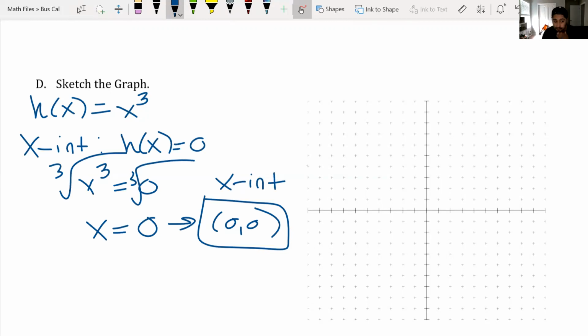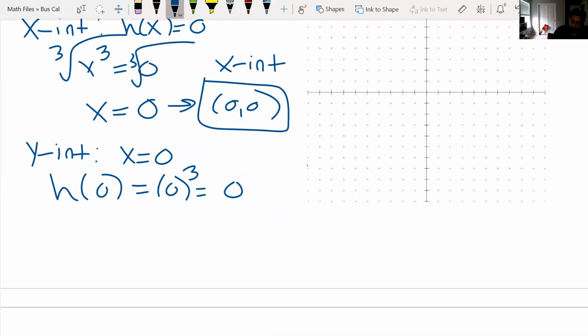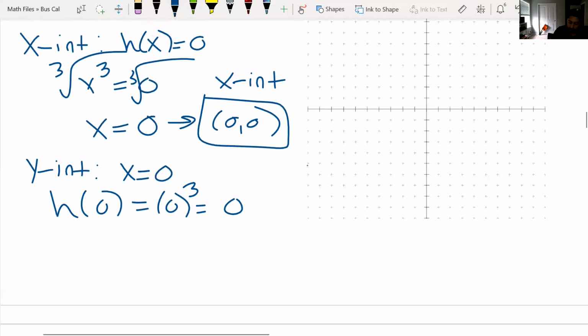Okay. And then if I wanted a y-intercept, I'm just going to show the process. The y-intercept is going to give me the exact same value, but I'm still going to go through this process. For the y-intercept, we let x equal 0, and this means I get h of 0, which gives me 0 cubed, which still gives me 0. That means this becomes the y-intercept of 0, 0.